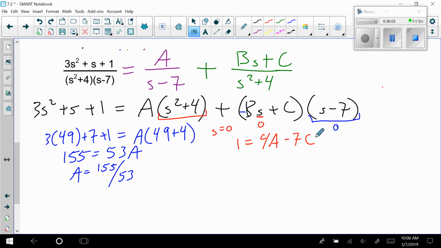Oh, I already know that A is 155 over 53. And then I just have to solve this thing through. Of course, I have to add that. Yikes. So it'd be 1 minus 455. I might actually need a calculator this time.